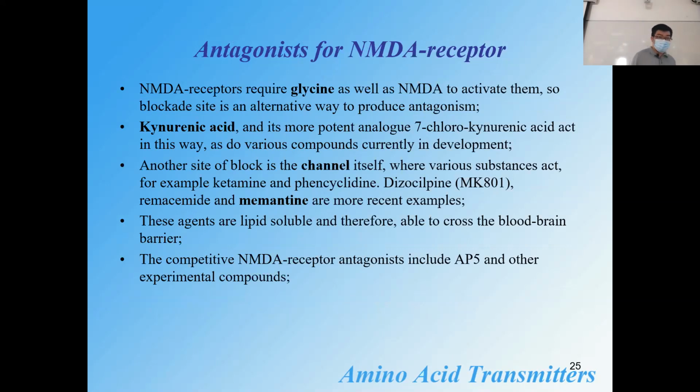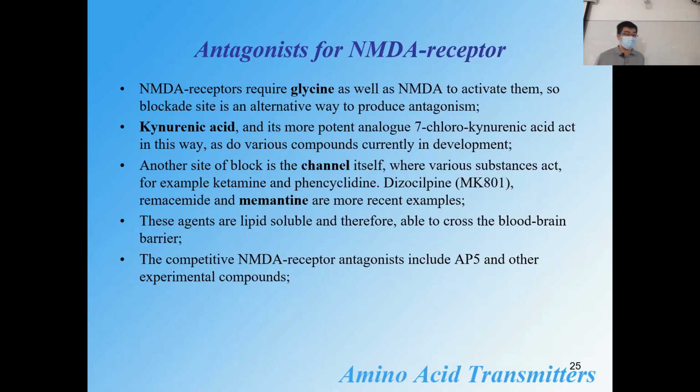Some of those that have been studied quite a bit are the NMDA receptors, because in the central nervous system, for example during a stroke or during the neurodegenerative process, it's believed that NMDA contributes.